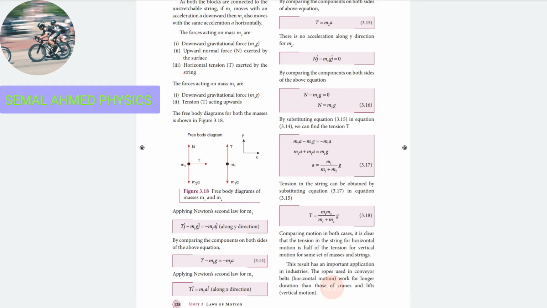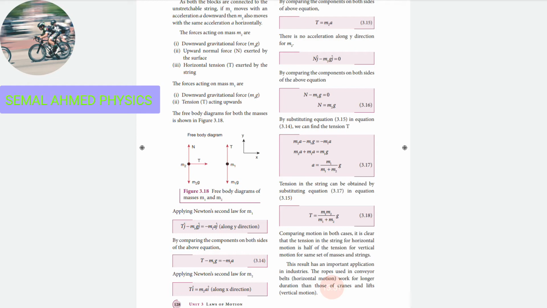So m2a plus m1a is equal to m1g. The minus sign goes to the left hand side so it becomes positive, and the positive sign goes to the right hand side and becomes negative. If you rearrange the equation, the constant a is equal to m1 divided by m1 plus m2 into g. So this is equation 3.17, the final equation for acceleration in the second case.